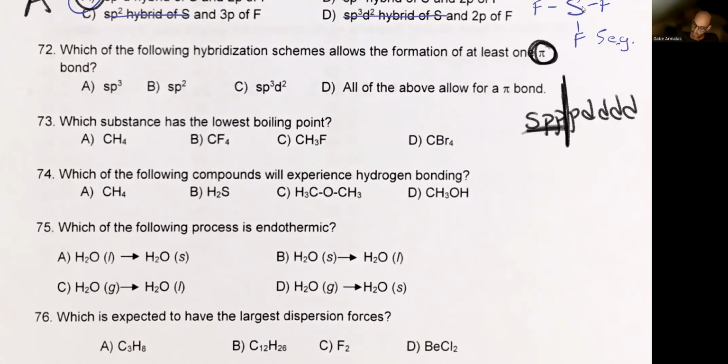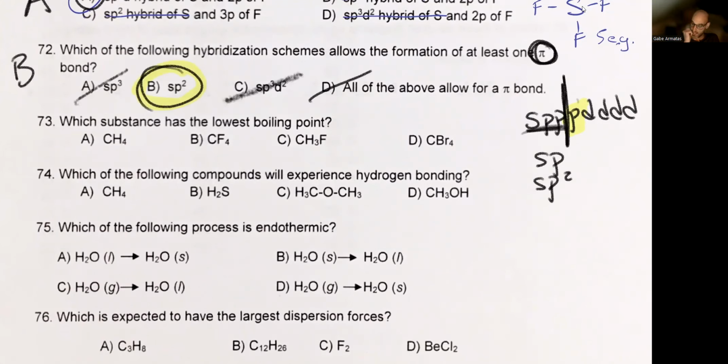So sp and sp2, and that's it. Those two would have this extra p orbital available. You need that p orbital in order to have that side-to-side p interaction. So sp or an sp2 would be allowed. That doesn't, that doesn't, that doesn't. So B is going to be the answer here. That's the most important thing for hybridization, that extra p orbital that has not been hybridized.